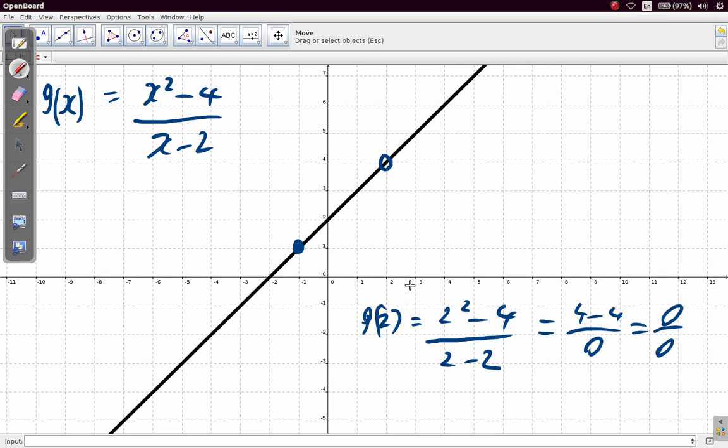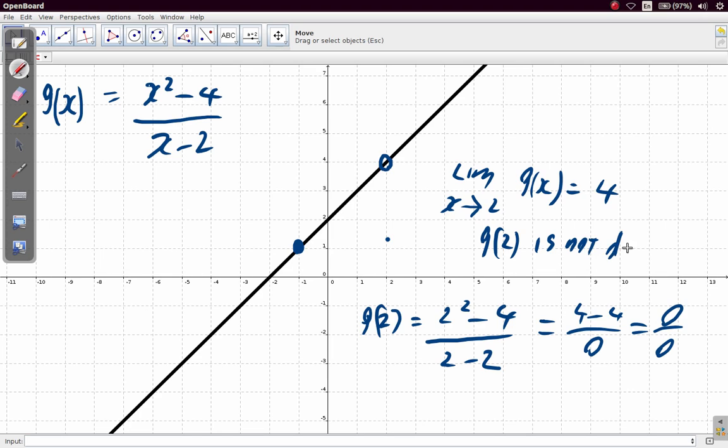Now, the fact is, the limit as x approaches 2 of g of x is equal to 4. Note it says as x approaches 2, right? However, at exactly 2, g of 2 is not defined.